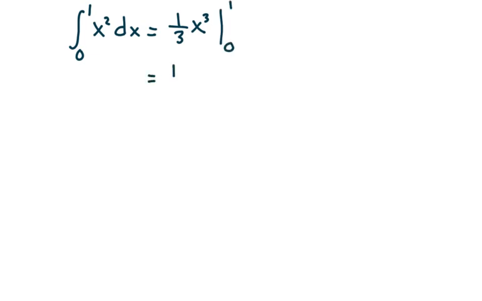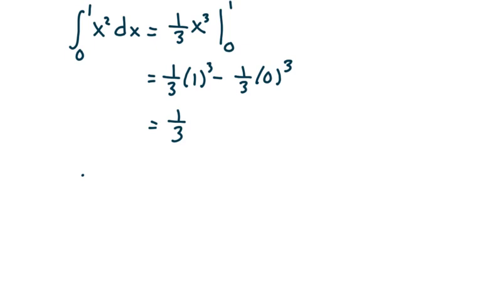Now, let's take a look at the integral from 0 to 1 of x squared dx. This is 1/3 x cubed evaluated from 0 to 1, which is 1/3 of 1 cubed minus 1/3 of 0 cubed, which is equal to 1/3.